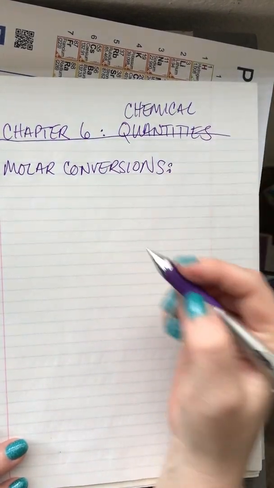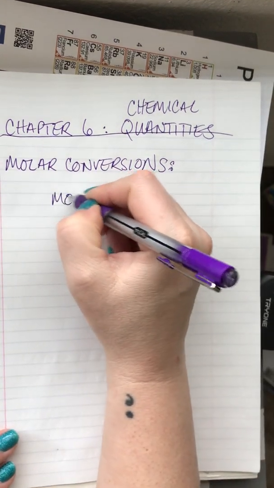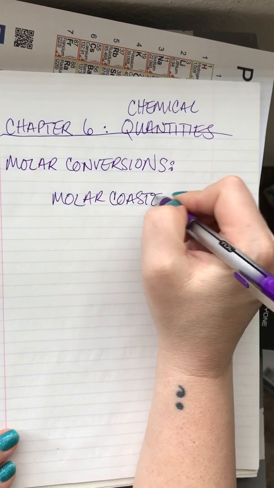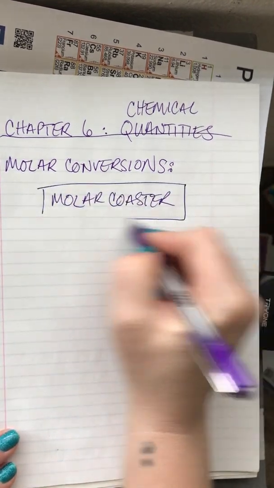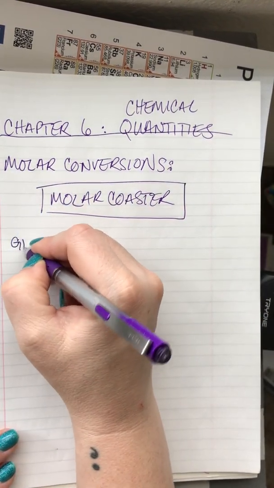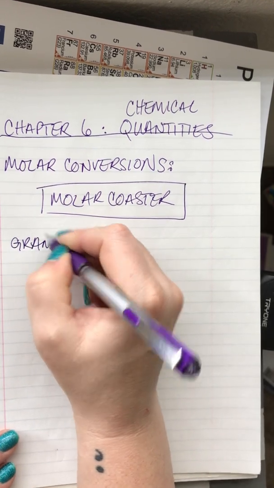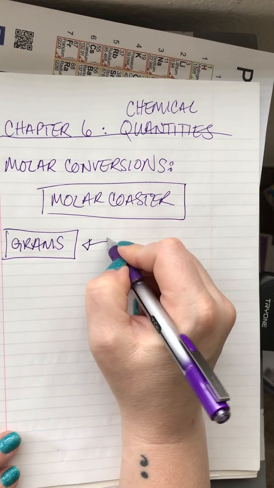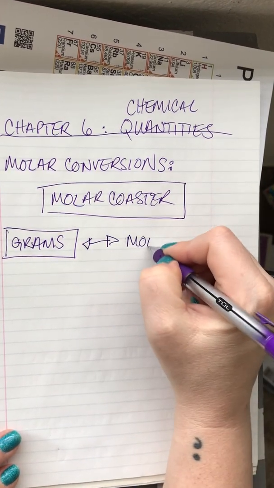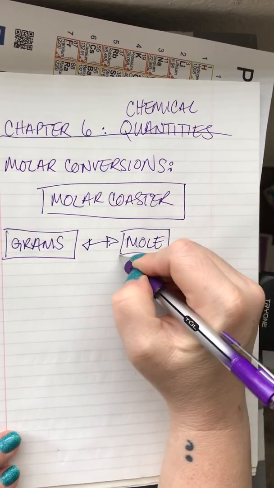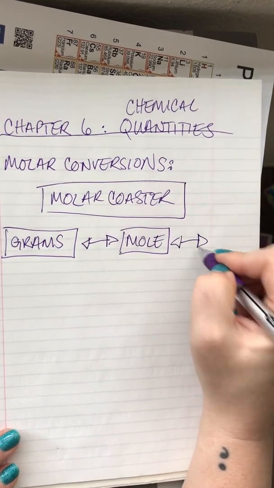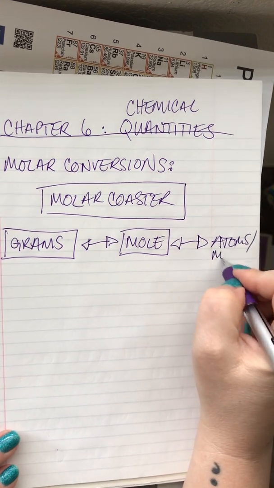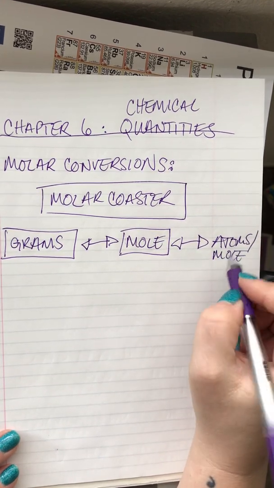Molar conversions are where we're using the molar coaster. And the molar coaster, again, takes us from things we can measure in the labs, like grams, to our conversion unit, the mole, and to atoms or molecules.